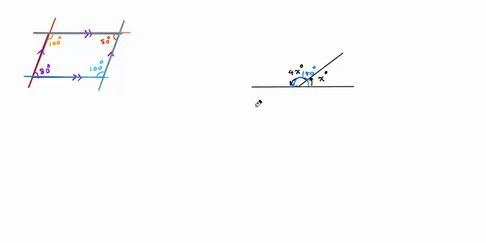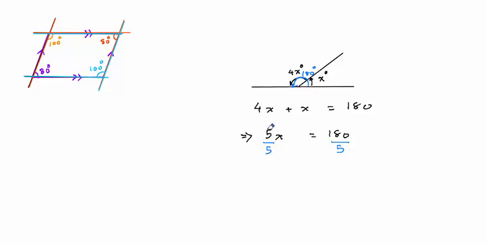That leads us to conclude that the two angles 4x and x add up to 180 degrees. So we have 4x plus x, which is 5x, is equal to 180 degrees. Therefore, x is 180 divided by 5.